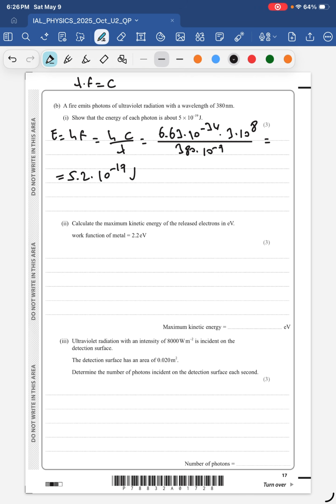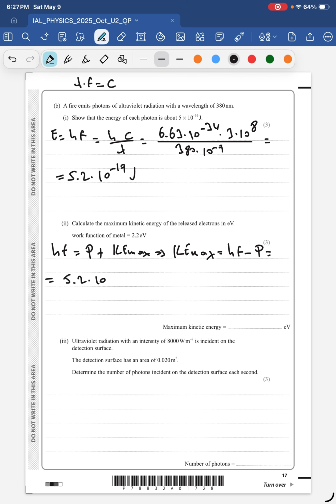Part 2. Calculate the maximum kinetic energy of the released electrons in electron volts, and they give you the work function of the metal. So we have to solve the equation that we mentioned in our first answer. hf is the work function plus KE max, which means that KE max is equal to hf minus the work function.